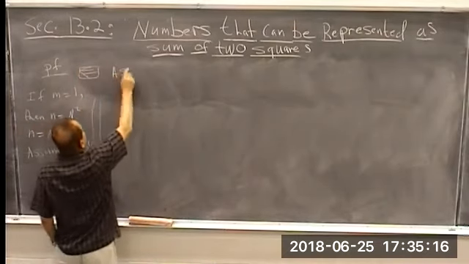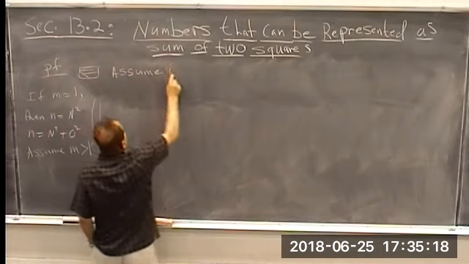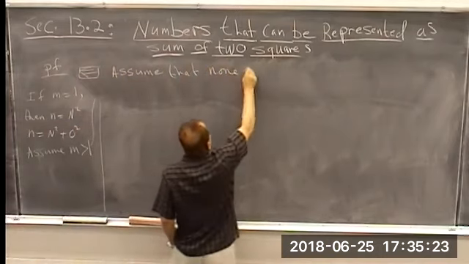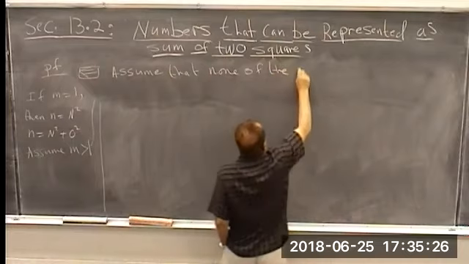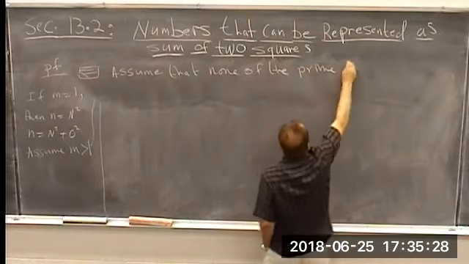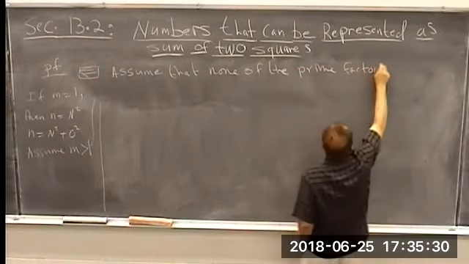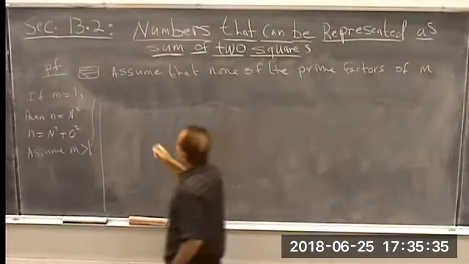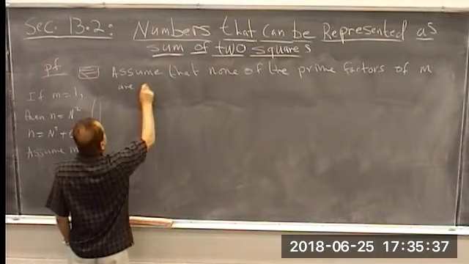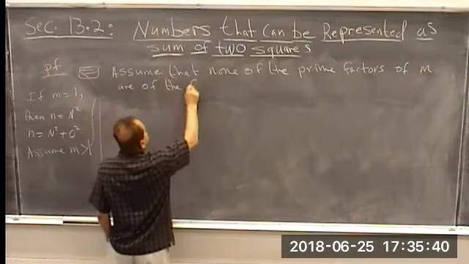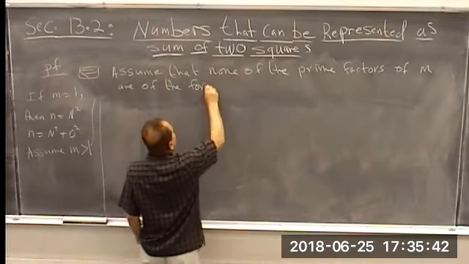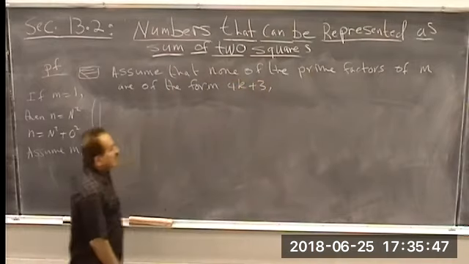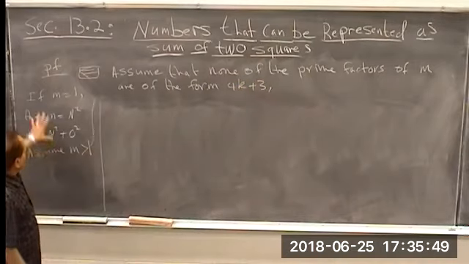Let's assume that none of the prime factors of m are of the form 4k plus 3. All right. Then we have this.